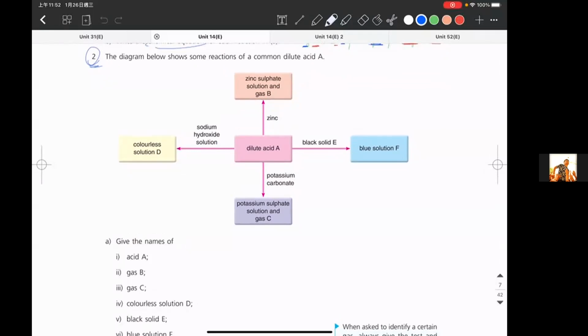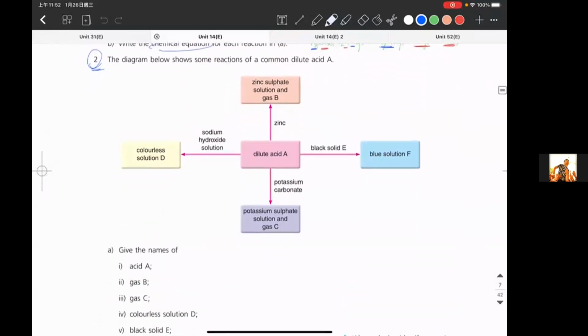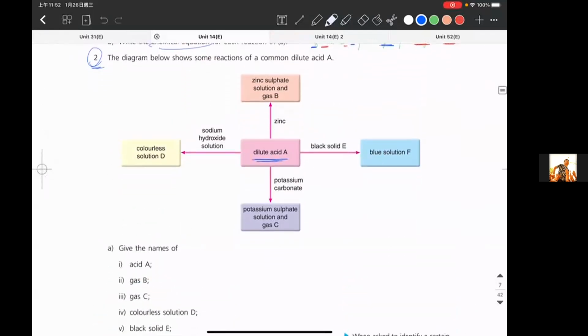Question 2. You are going to have a dilute acid A. You are going to tell me what is it? So the clue, where is the clue? What is the acid? What can it be? Dilute sulfuric acid.